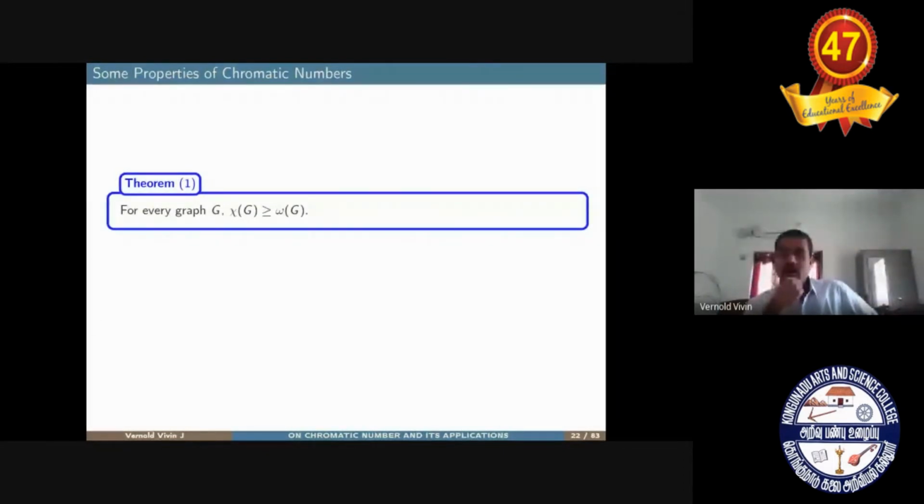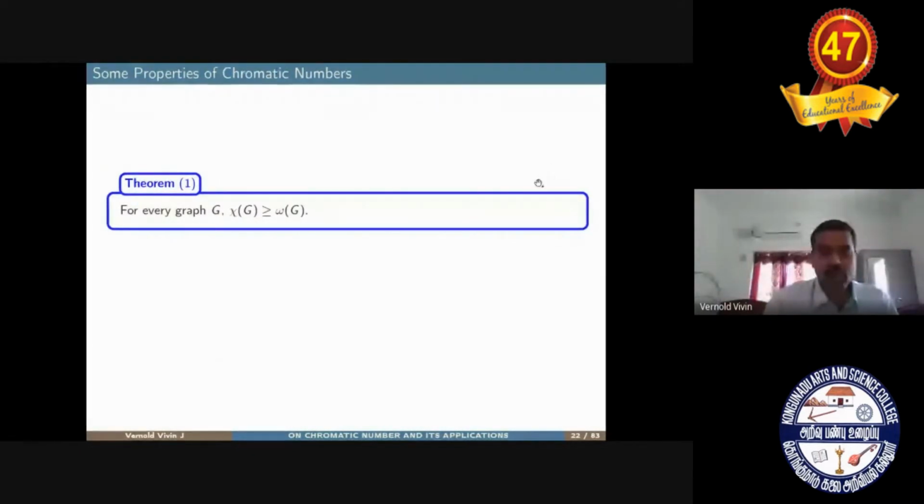The first theorem: for every graph G, the chromatic number chi of G is greater than or equal to omega of G. As we know, omega of G is the maximal complete subgraph. The chromatic number of a complete graph is its number of vertices, the order of that graph. So for a graph G, the chromatic number is always greater than or equal to the clique number of G.